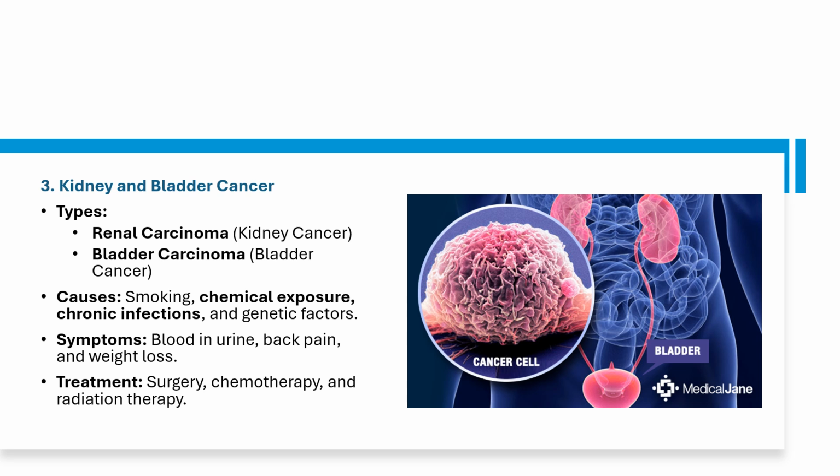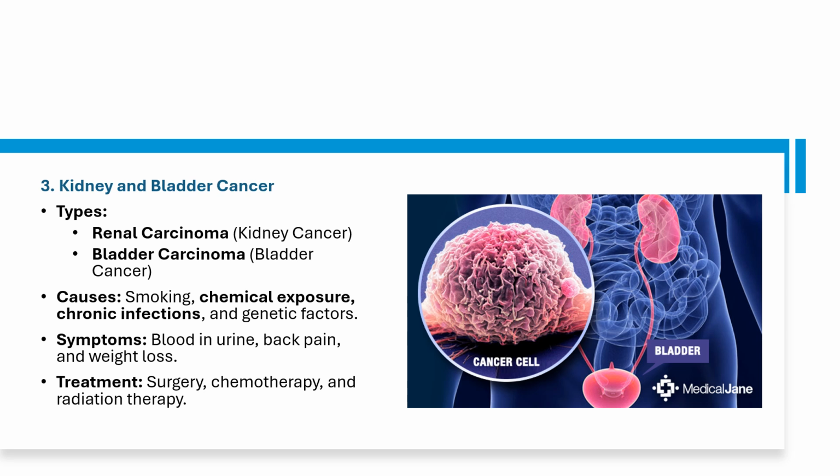The next type of disorder is kidney and bladder cancer. There are various types. Some of the types we can cite here are renal carcinoma or kidney cancer, and bladder cancer, which are the most common types.